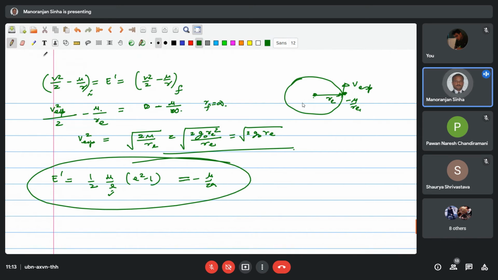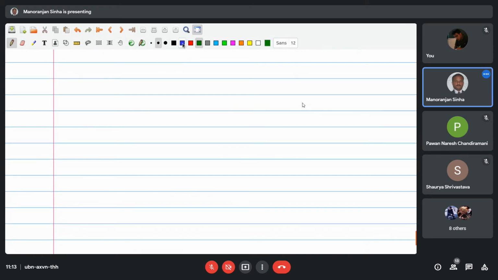Okay, another way of working out E prime equal to minus mu by 2 for the case of velocity.